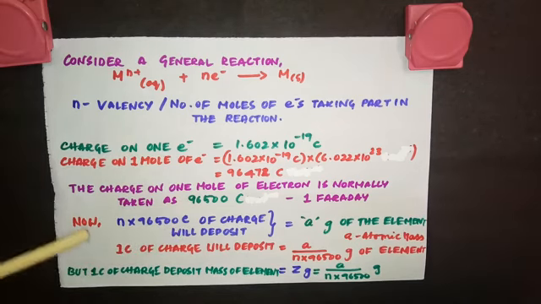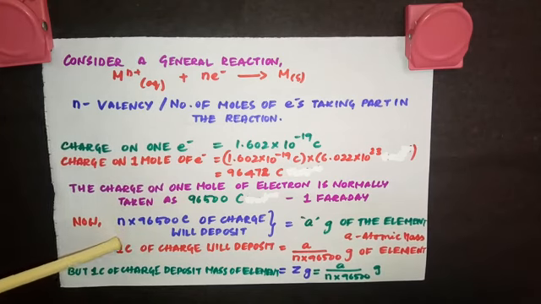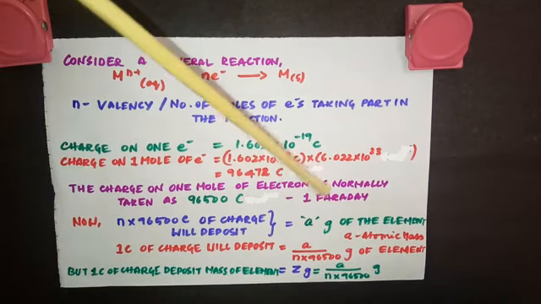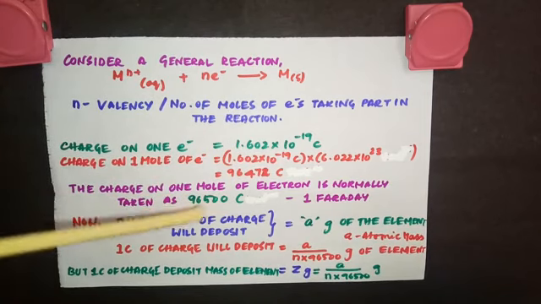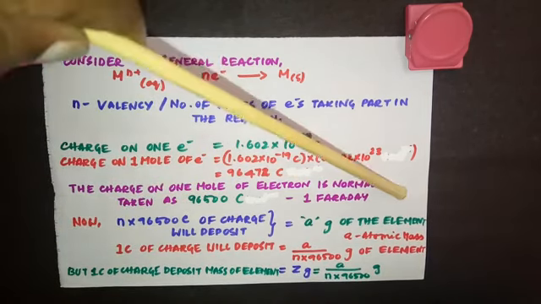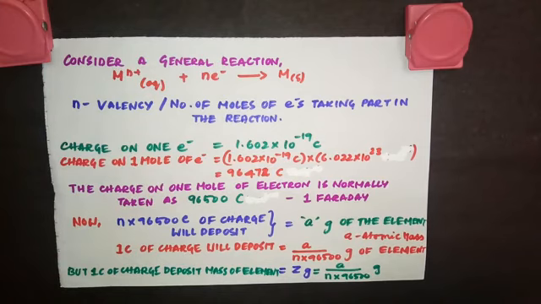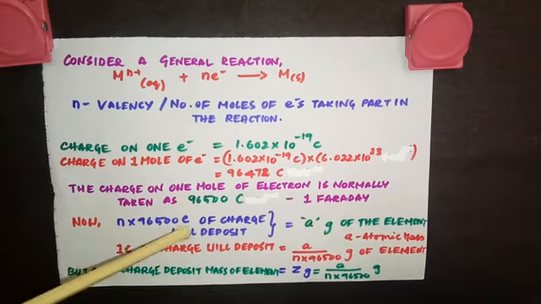So not only sodium, you can generalize it for any element, taking A to be the atomic mass. So n into 96,500 coulomb of charge will deposit A gram of the element, where A is the atomic mass. Or you can say 1 coulomb of charge. See, here we are taking n into 96,500 coulomb of charge.